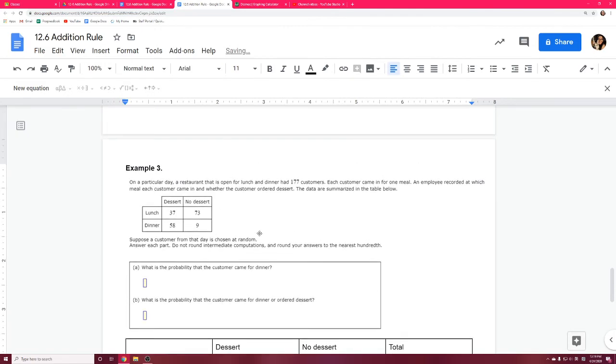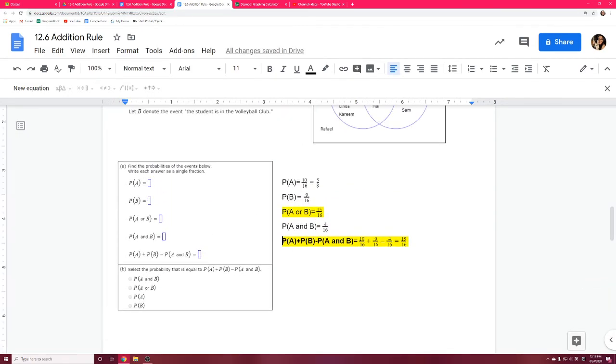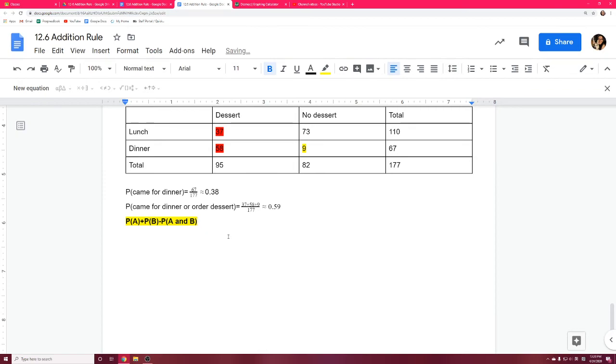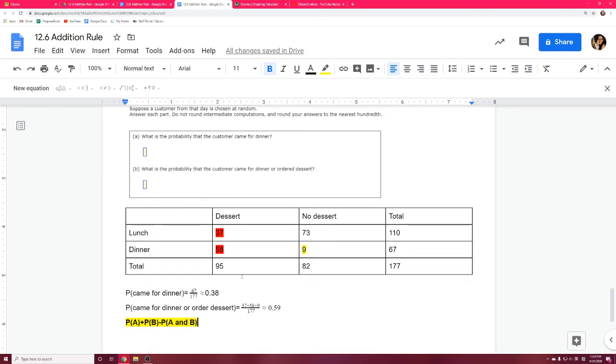So this is your formula. If we use the formula we just discovered, the probability of A or B is also the probability of this. Let's see what will happen. Let's find the probability of A, which is come for dinner: 67 over 177, plus the probability of B, which is order dessert. Order dessert is over here, which is 95 over 177.